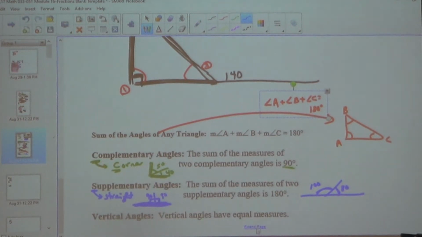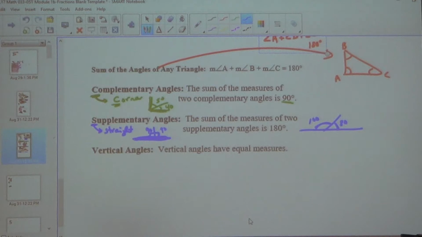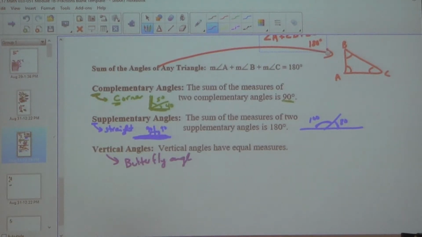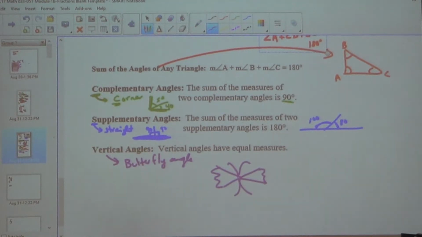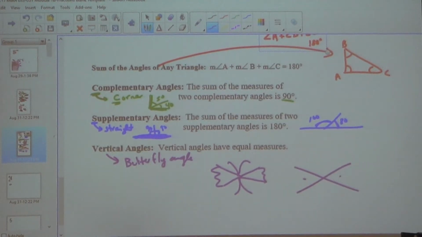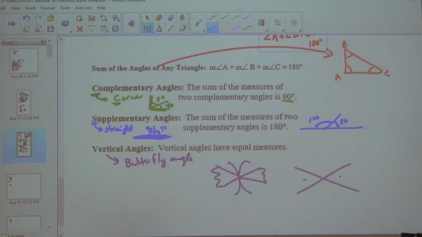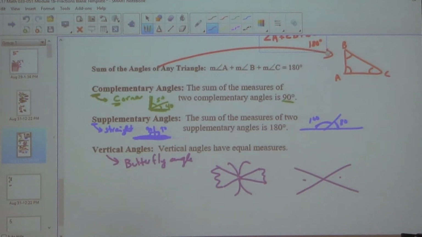And vertical angles are what I call butterfly angles. Butterfly angles are when you have two angles, and when you fold them, this angle and this angle are exactly the same, like butterfly wings. They're identical, they're symmetric.